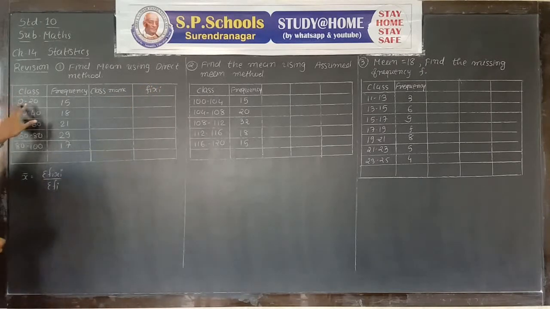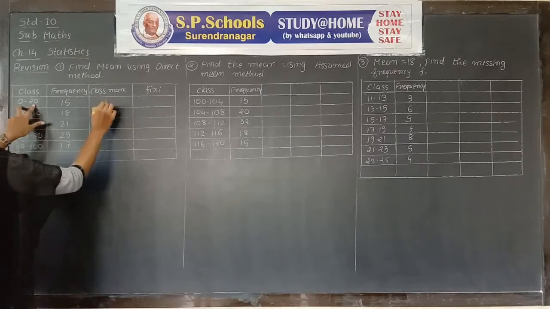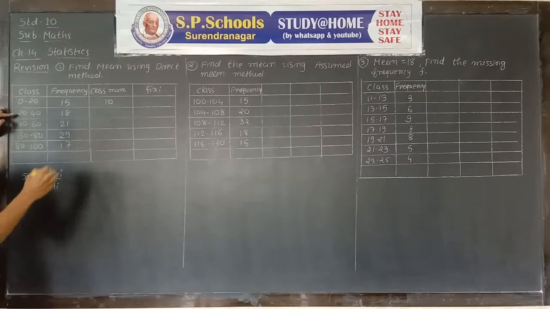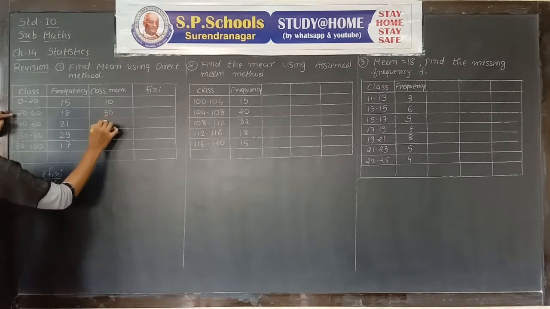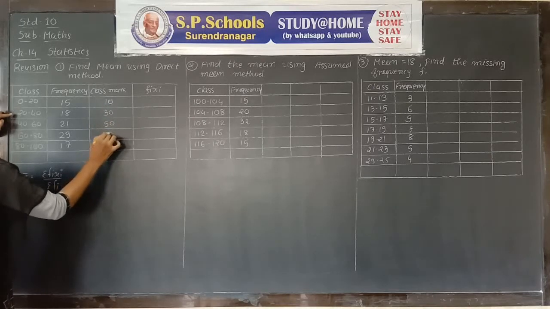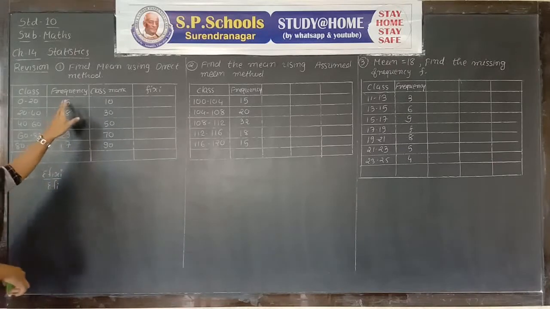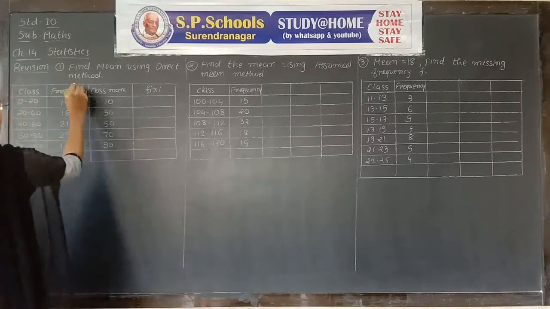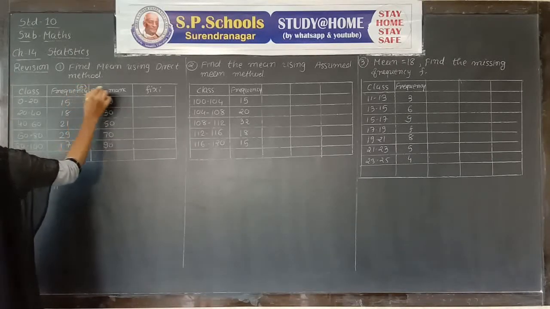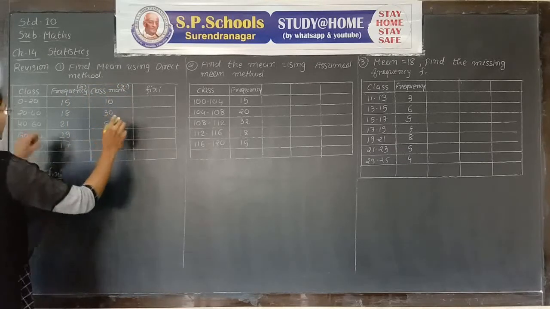To find the class mark, 0 plus 20 divided by 2 is 10. Here the class size is 20, so adding 20 gives 30, 50, 70 and 90 as class marks. Now to find fi xi, we multiply frequency fi with class mark xi.